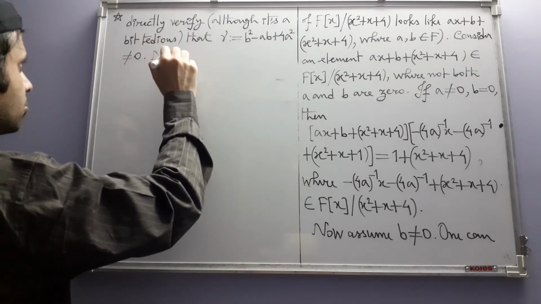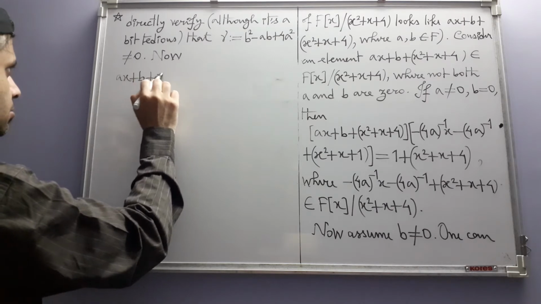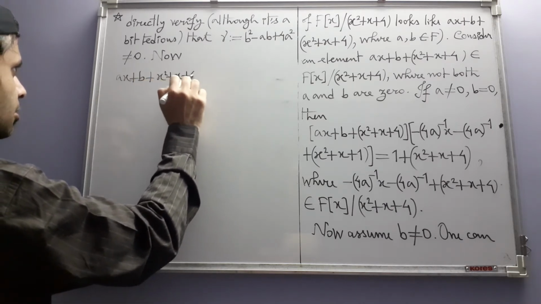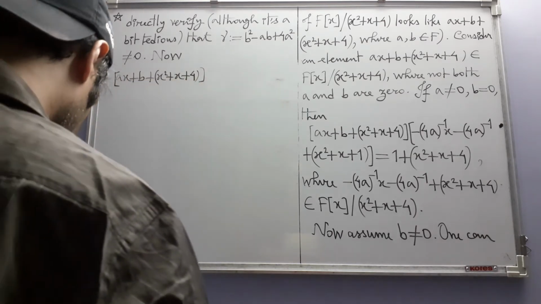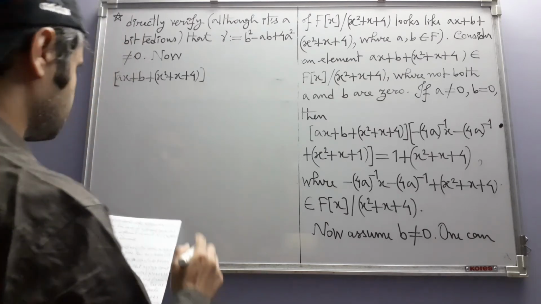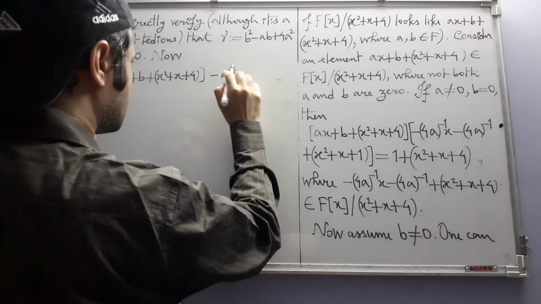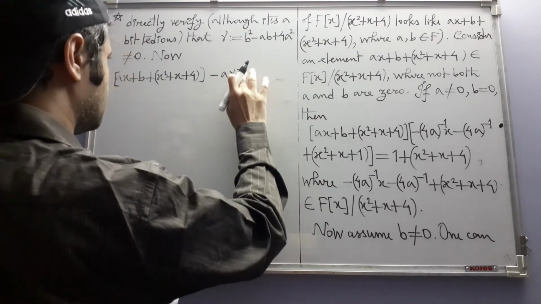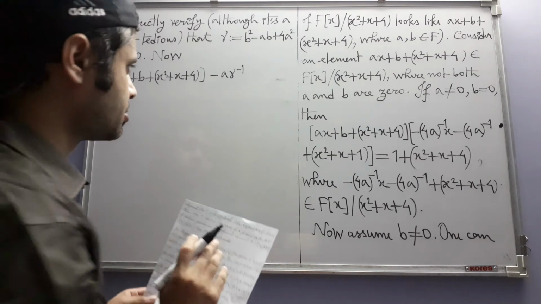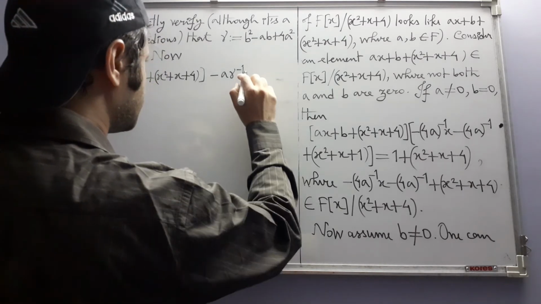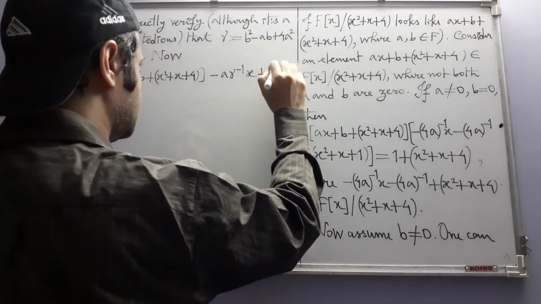Now ax plus b plus x square plus x plus 4, with this you are going to take the product of this coset: minus a gamma inverse x plus b inverse, and we need b inverse also.